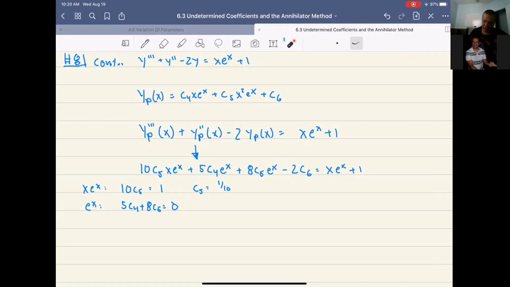Since I already know what c5 is, I'm going to solve for c4. c4 equals negative 8 c5 over 5, which is negative 8 over 50. That's going to simplify to negative 4 over 25.